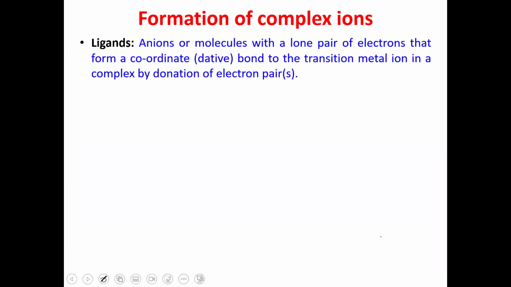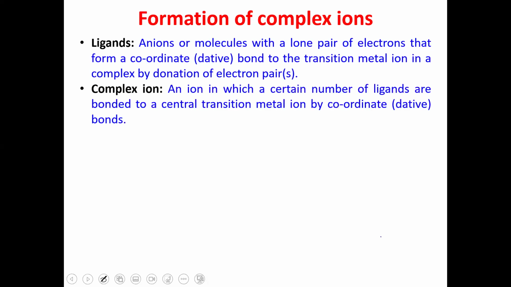Formation of complex ion. Complex ions are those ions in which there is a central ion surrounded by electron pair donors. What are ligands? They are called ligands. Ligands are molecules or anions with the capability of making coordinate covalent bond. Complex ion, an ion in which a certain number of ligands are bonded to a central transition metal ion by coordinate dative bond.